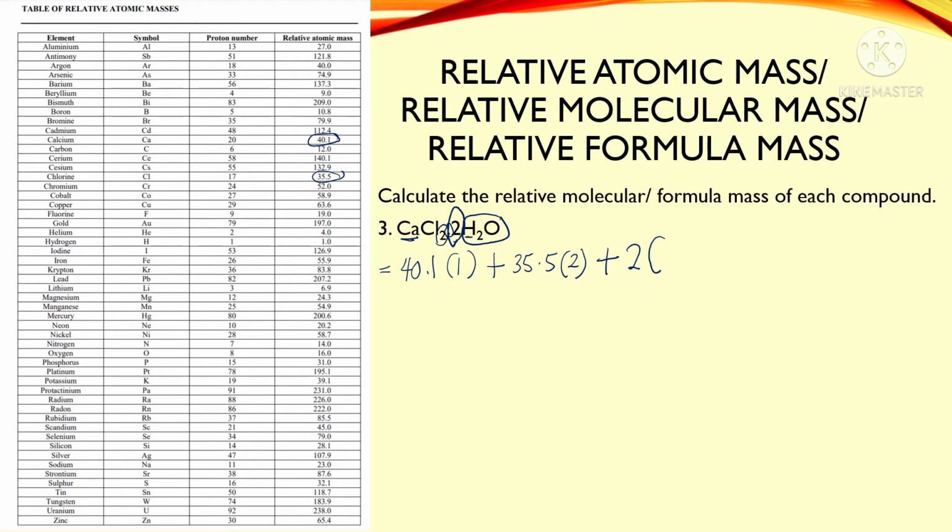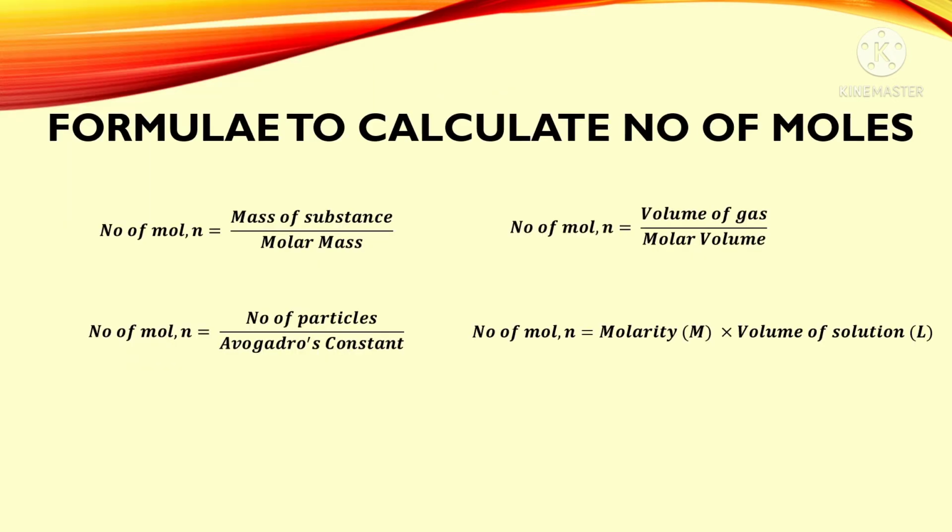Followed by hydrogen, the relative atomic mass is 1 from the table, and there are 2 hydrogen, times 2, plus oxygen. From the table we can see that the relative atomic mass is 16, and there's 1 oxygen, and if we sum out the whole thing, we shall get the relative formula mass for hydrated calcium chloride as 147.1.